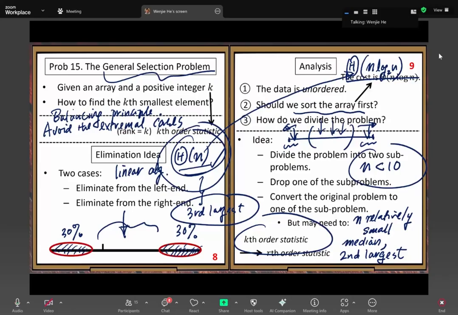And usually they are challenging questions. But before you do those questions, I will give you some examples and show you how to solve those problems.